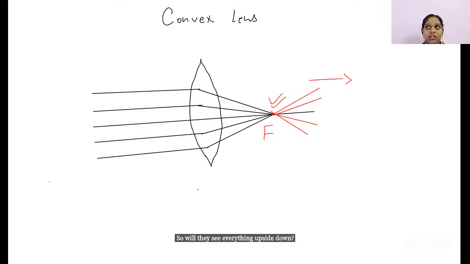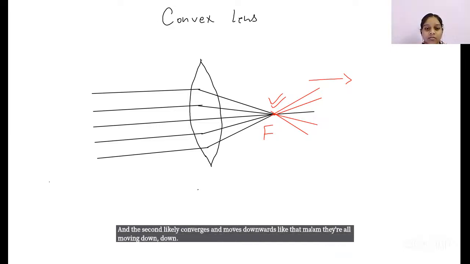I don't think they'll see it upside down still. Ma'am, my question was because the first light ray converges and goes down, and the second light ray converges and moves downwards. They're all moving down, down, down. So they should see it upside down.